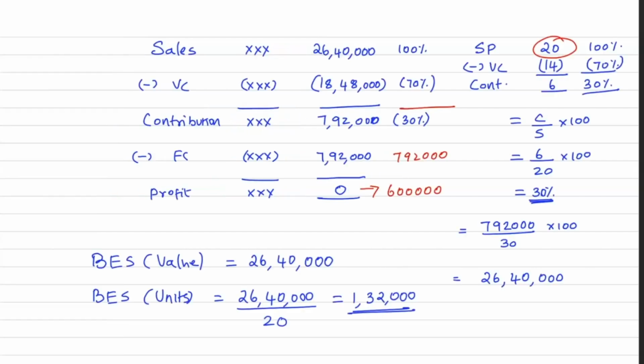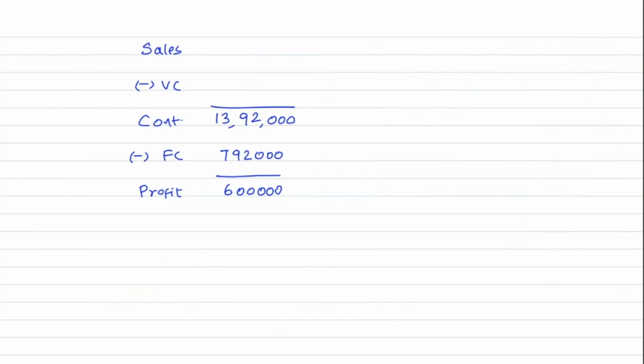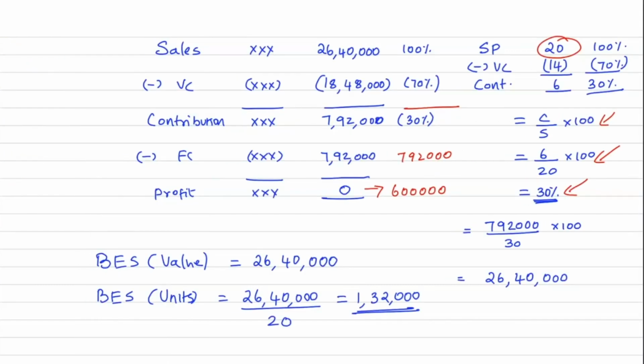And we know the relationship between the contribution and sales is something like this. That is, it is 30%. Okay. It means this contribution is basically 30% on one side. And the other critical information is contribution per unit is 6 rupees. So we are going to make use of this information only.